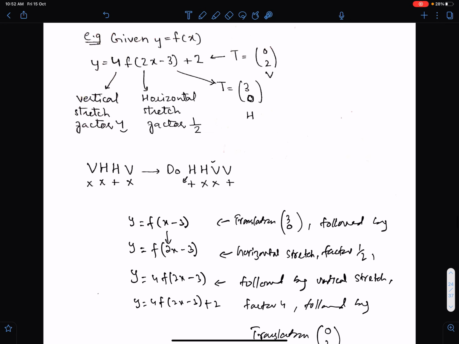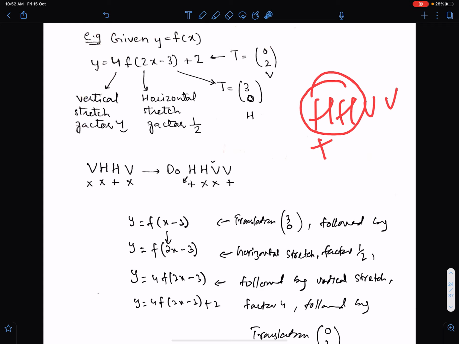When we have four different types of transformations, first identify the types of transformations and then make the order. So in horizontal we first do addition and then we go for multiplication. In vertical we first go for multiplication and then we go for addition.